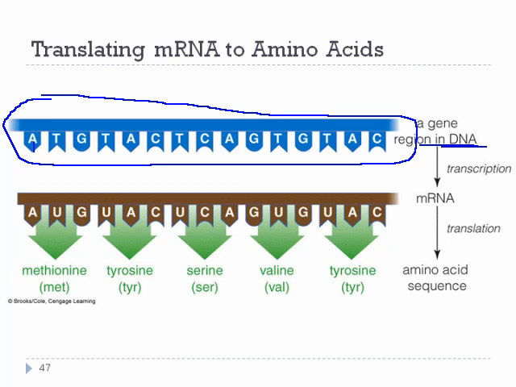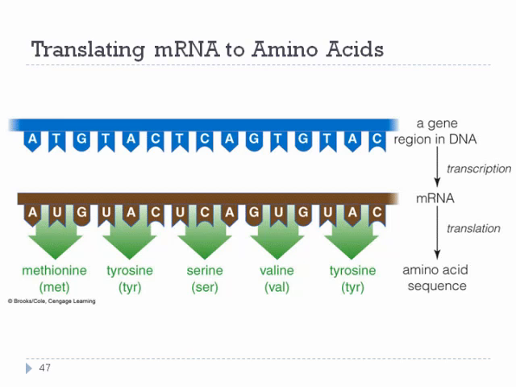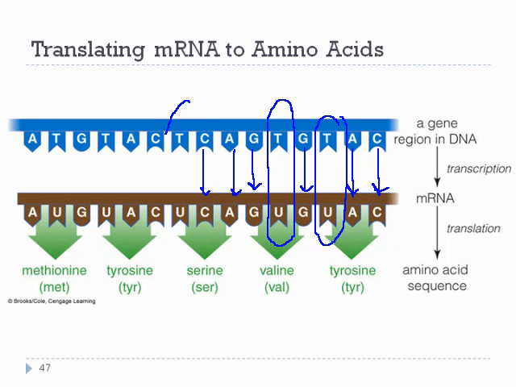Now, they're showing you the template strand and the RNA strand. They're showing you what I was pointing out when we looked at this, which is the same information pretty much is in the DNA gene and the RNA strand, except where you have a T in the DNA, it becomes the U, uracil.